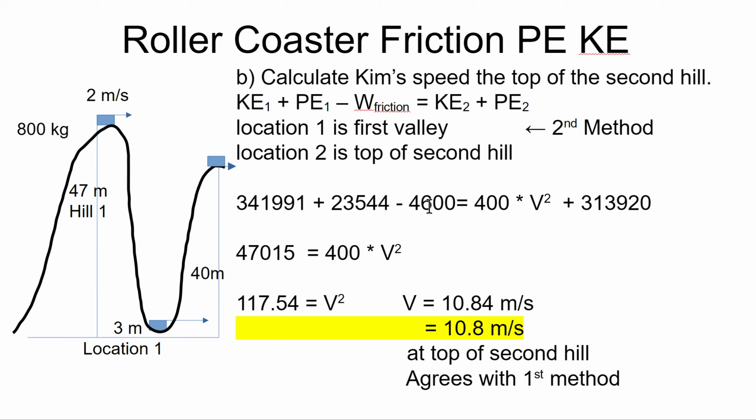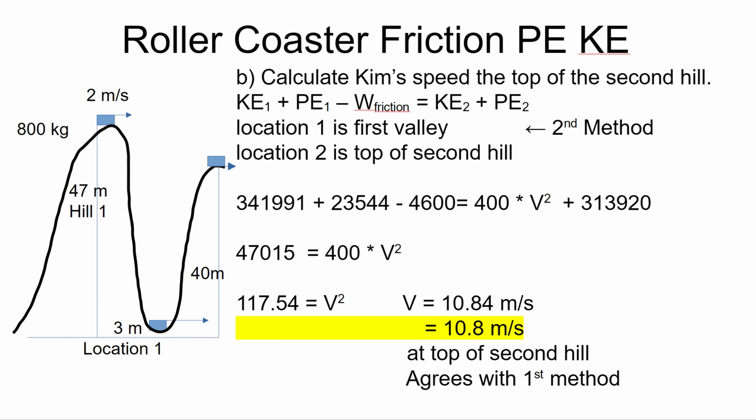Again, combine the numbers, the joules on the left side. I get 47,015 equals 400. That's 1/2 of the mass, 1/2 of 800 kilograms, times v squared. Divide by 400 and take a square root of 117.54. Round off, I get 10.8 meters per second at the top of the second hill.